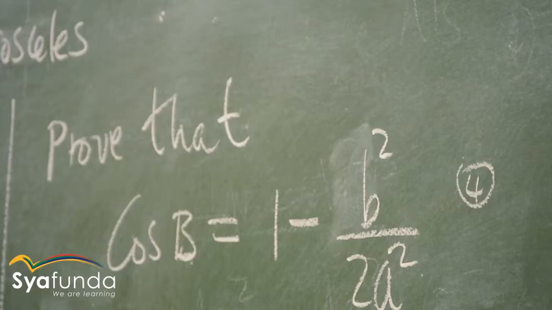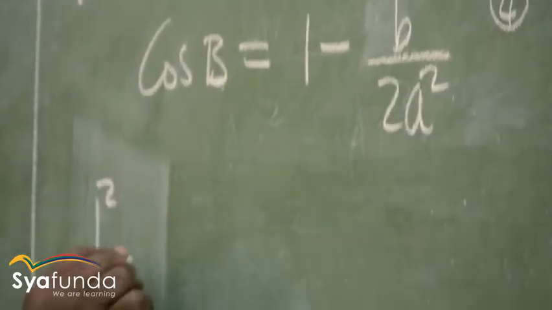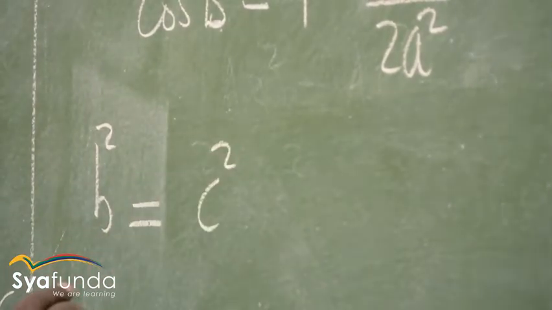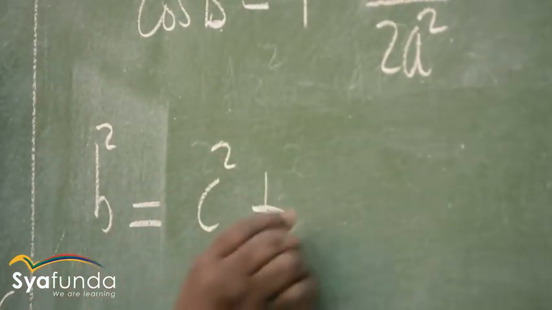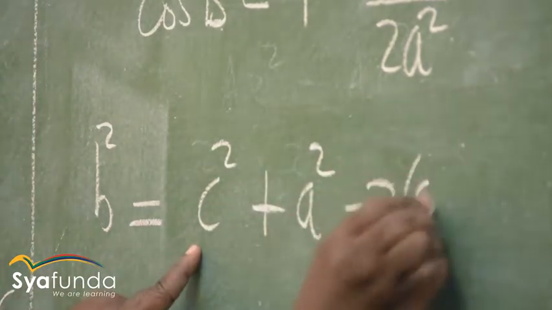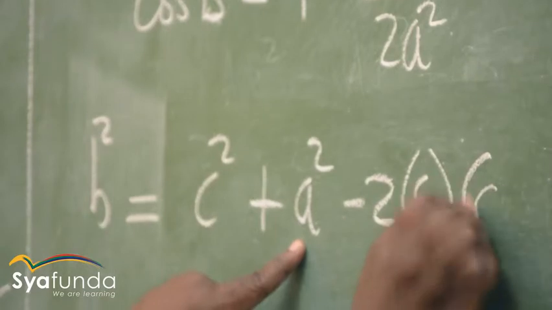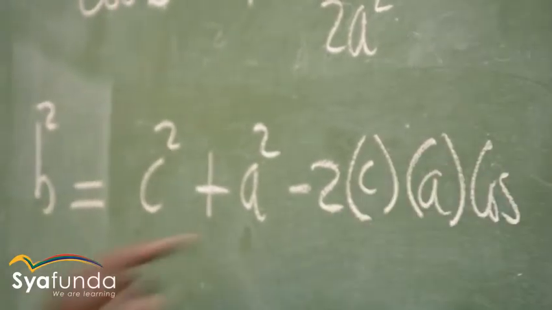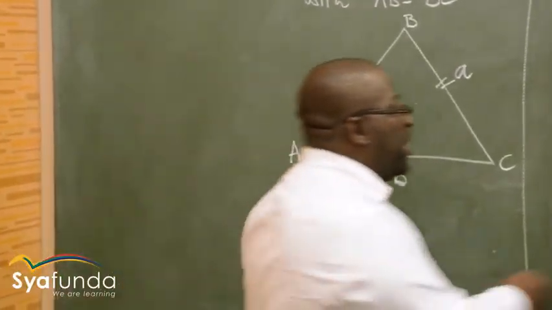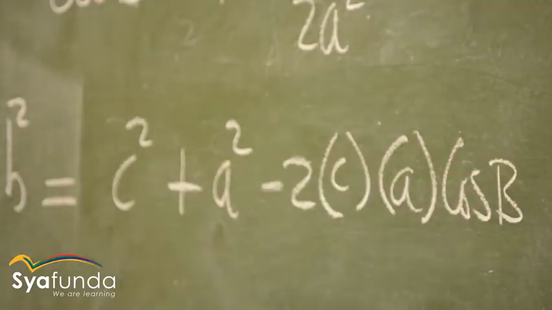In this case, it is b squared is equal to c squared plus a squared minus 2 times c times a, cosine of the included angle. What is the included angle in this case? It is cos B. Right. This is the cosine rule.